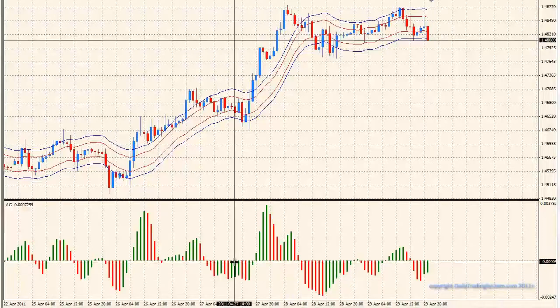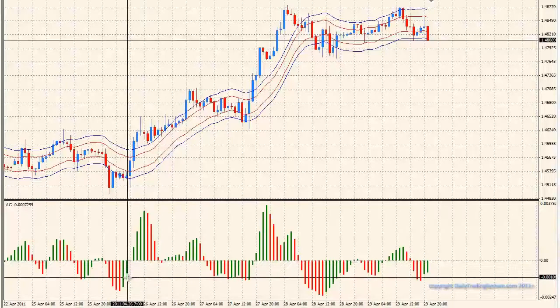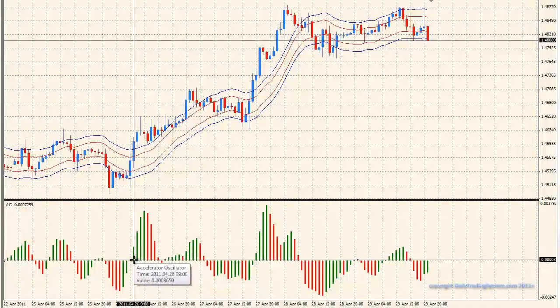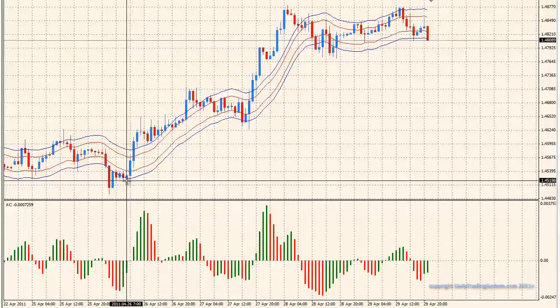Anytime you see these green bars come below it, give yourself a heads up that this might not turn out to be a profitable trade, or you might not get so much out of it. When the bar on the accelerator oscillator goes above the vertical scale and lines up with the close here, that's a pretty good trade.